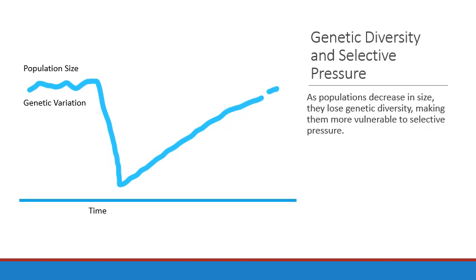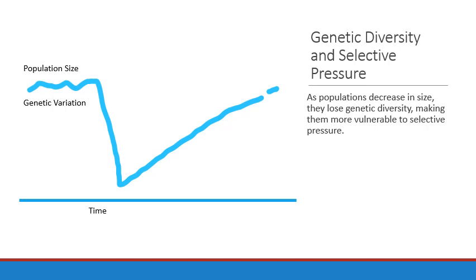As population size decreases, they start losing that genetic diversity, and that makes them more vulnerable to selective pressure. If you start off with a high population size, a lot of genetic variation, you can suddenly lose that population. It goes down in value.